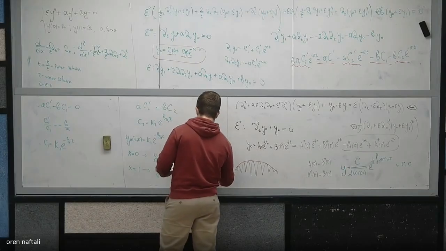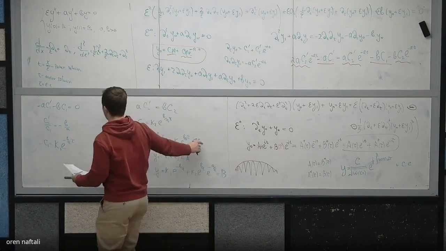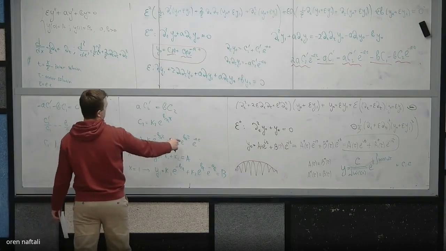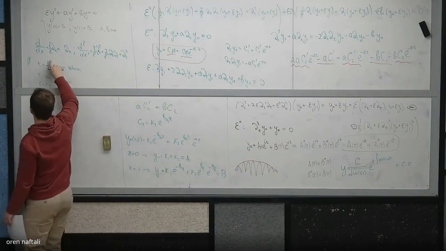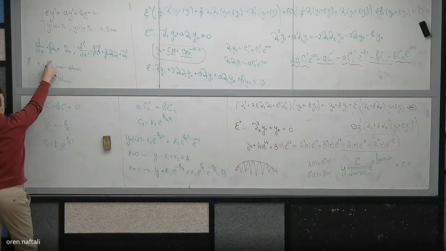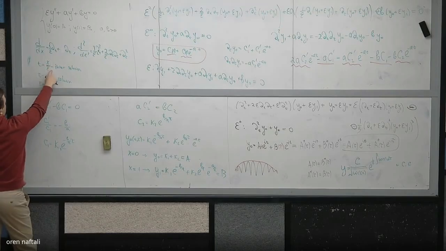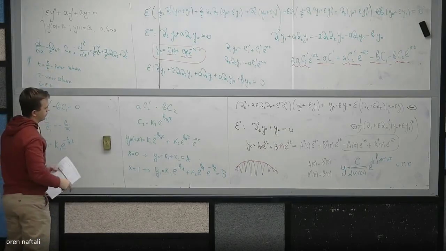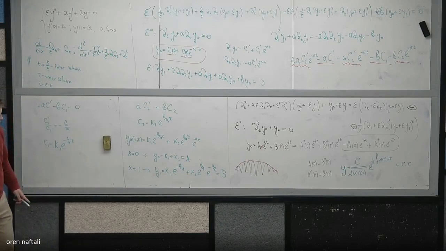So I go back, I define t as x over epsilon. So then x equals 1, t is 1 over epsilon, and tau is just 1.